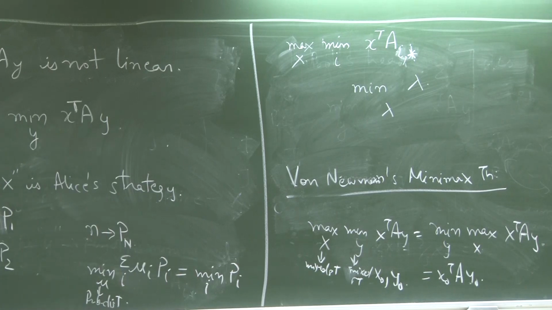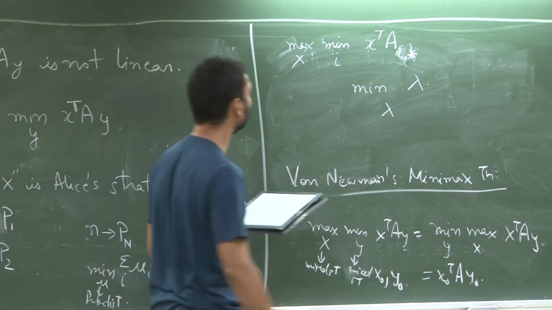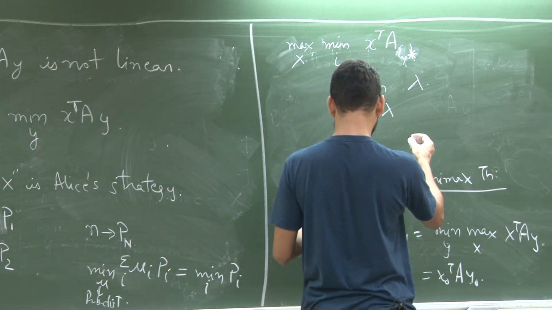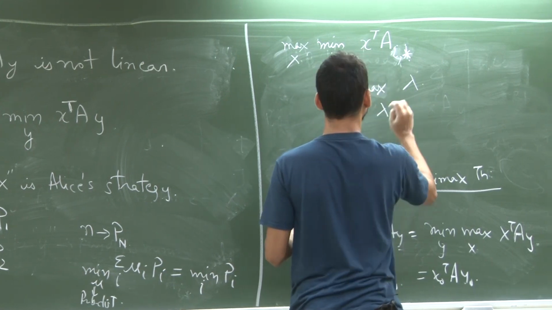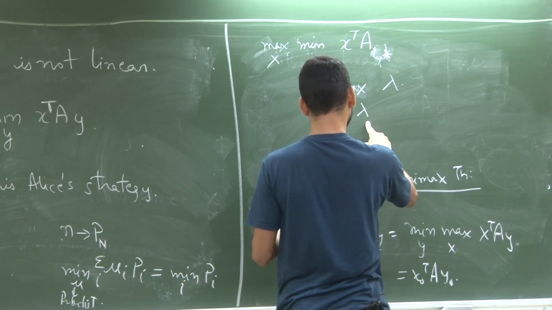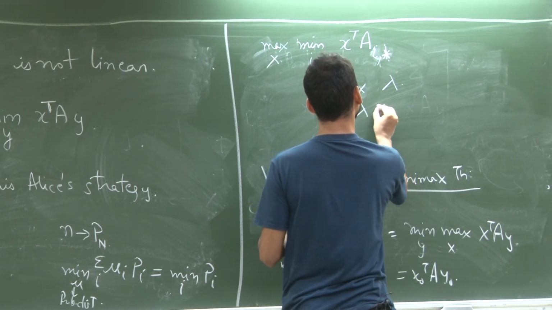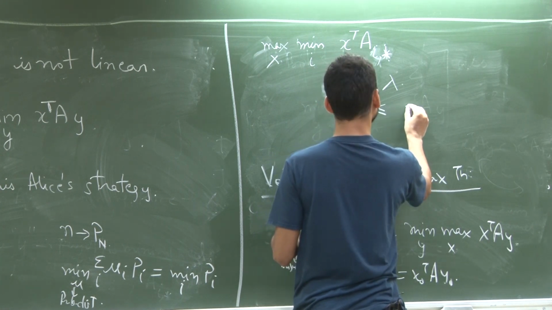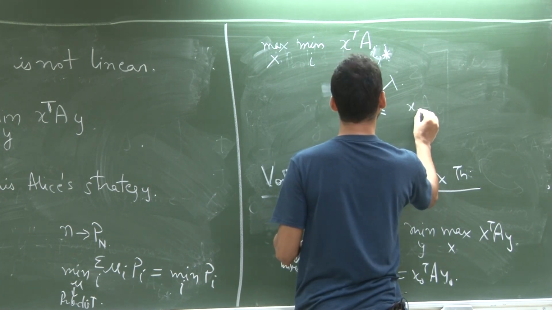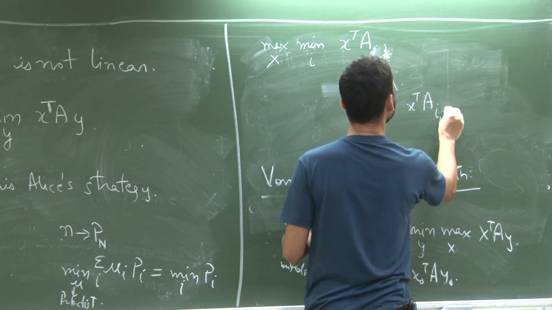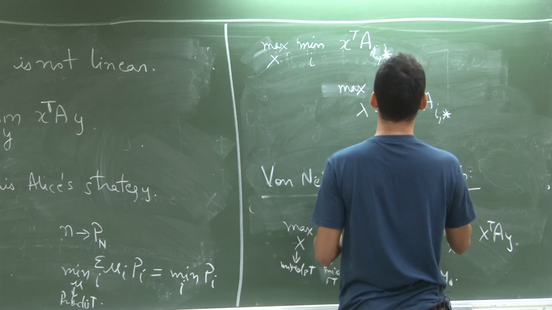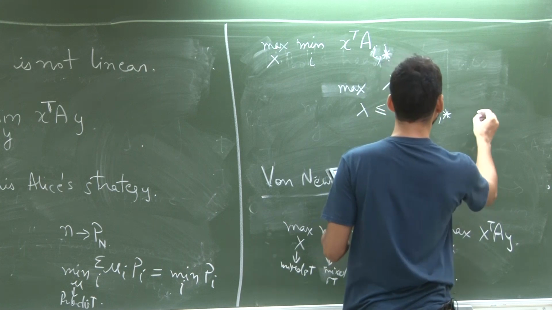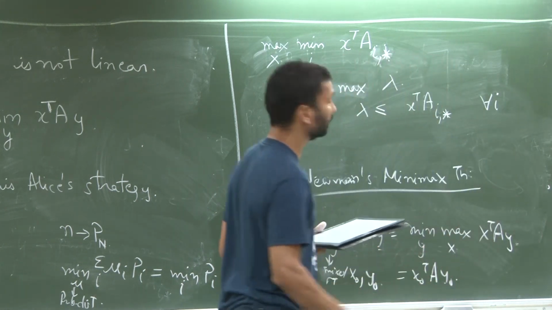So let me just see this, always less than equal to, greater than equal to. Maximize the payoff such that, for all i.